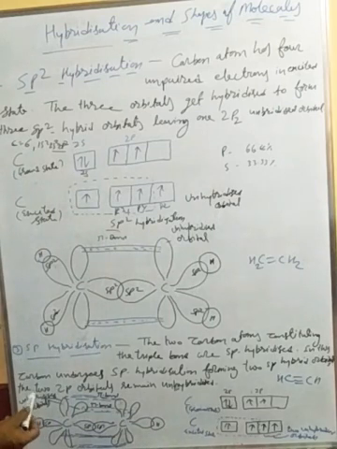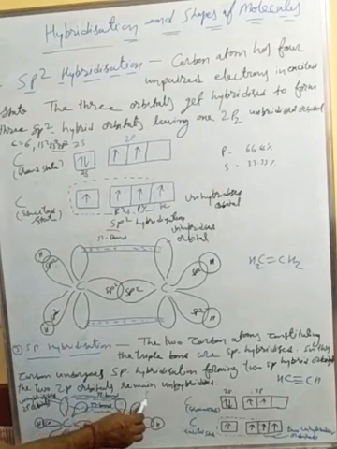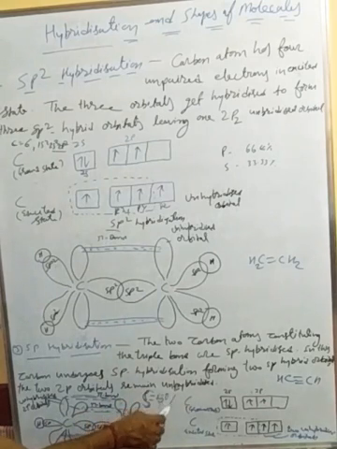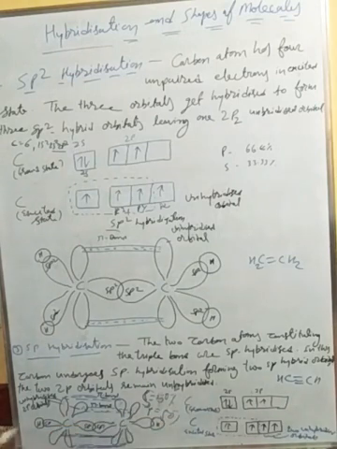If we talk about the combination, here s is 50 percent and p is 50 percent. So that compound will be more electronegative than sp2 and sp3.